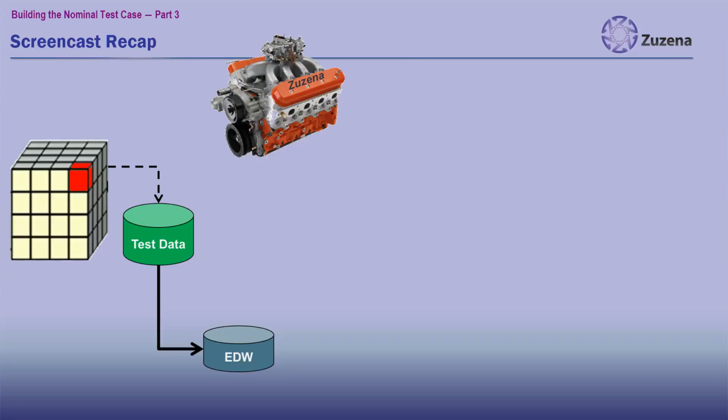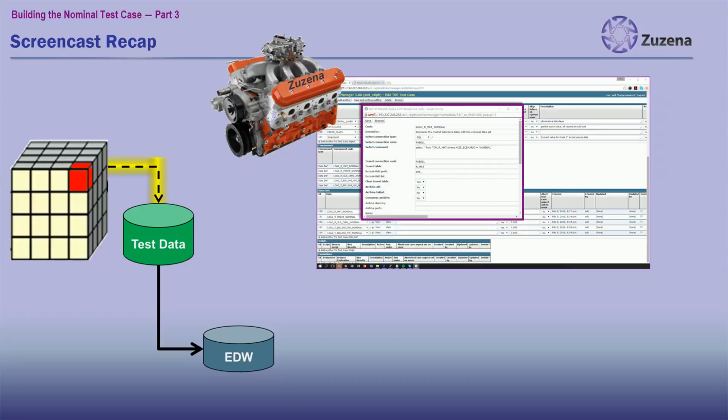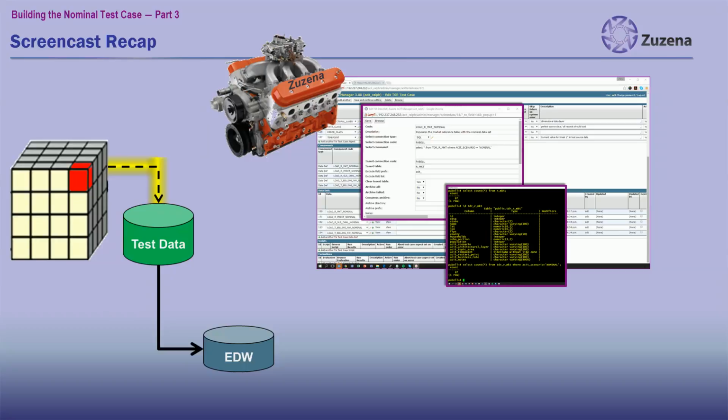This third video about building a nominal test case focused upon adding data preparation steps to the test case container. First, we used the graphical user interface to open the test case container and create a data definition step within it. Next, we used a database console session to look at the source data in the repository and to confirm that the target table was empty.